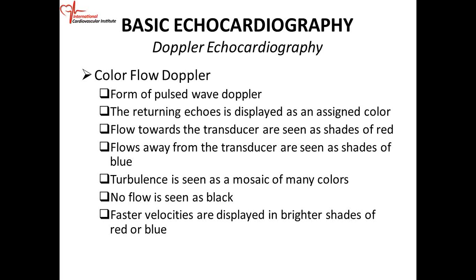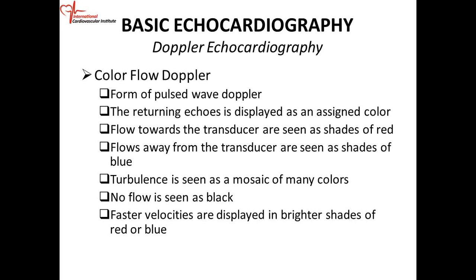The flow towards the transducer, we give it a color code of red, and the flow away from the transducer, we give it a color code of blue. That's all it is. It's a pulse wave Doppler. The returning echoes are displayed as an assigned color. Flow towards the transducer is seen as shades of red, and flow away from the transducer is seen as shades of blue.